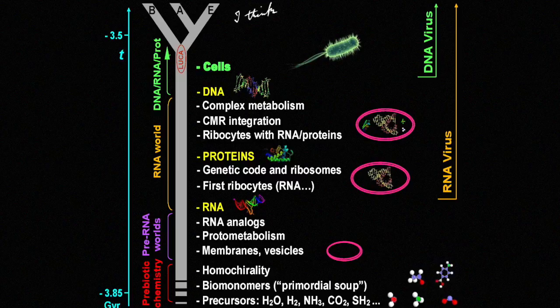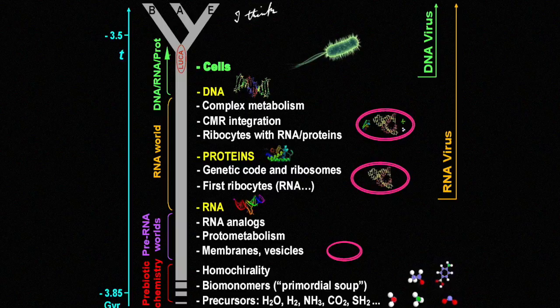So this is the first picture I showed you, and this is the time where fossils of bacteria are present. So these 350 million years could have accommodated this process, or perhaps it was shorter, we don't know. Perhaps RNA viruses originated once the first ribocytes were present, and DNA viruses, the first of them, were present once DNA-based systems were present.